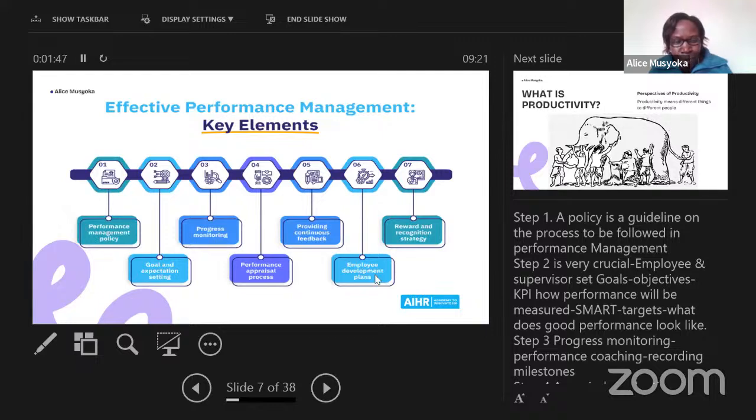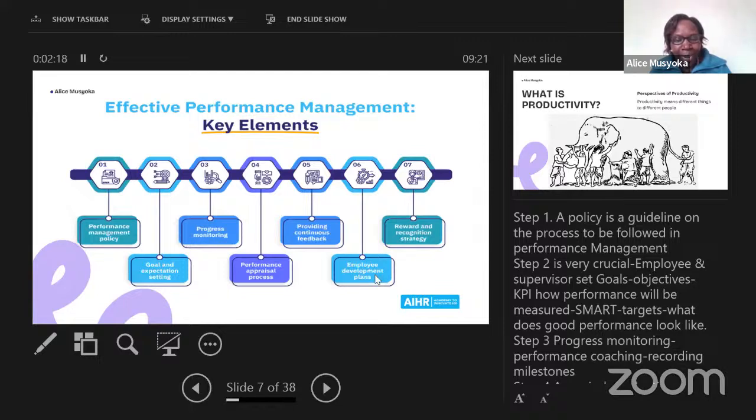Some performance gaps may require training intervention, but it's not all performance gaps that require training intervention. Some could be needing counseling. Probably the employee has issues at home, and so we need to have a place for counseling, some space on counseling.